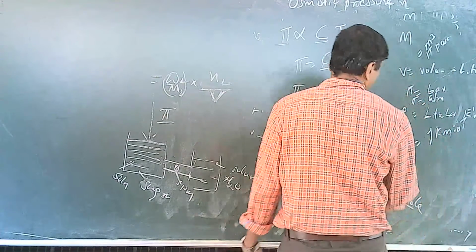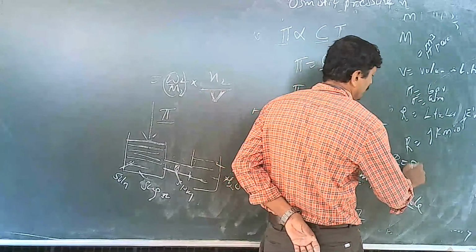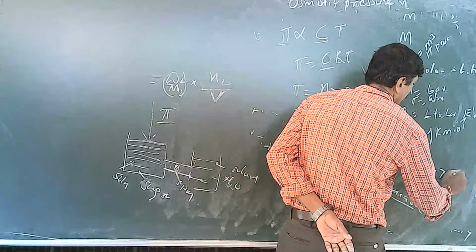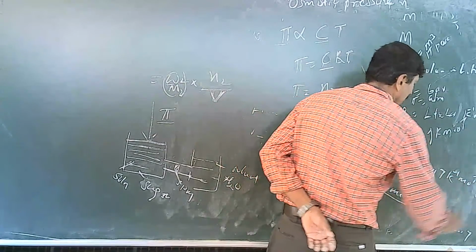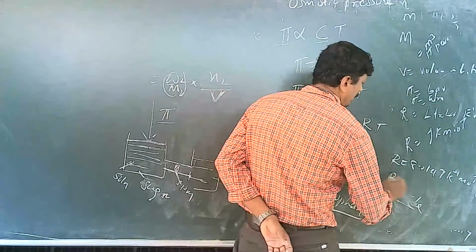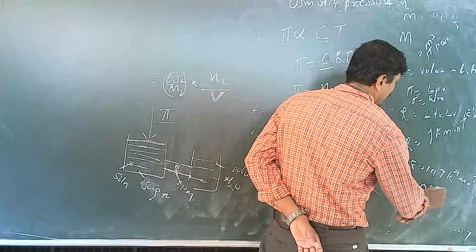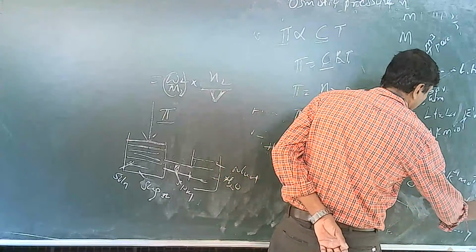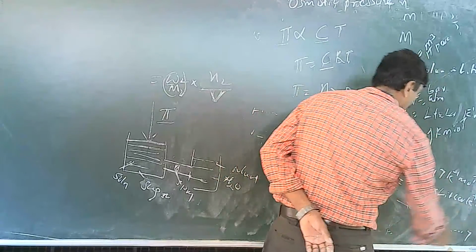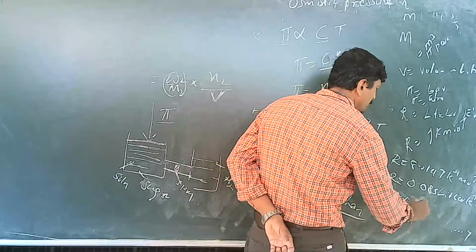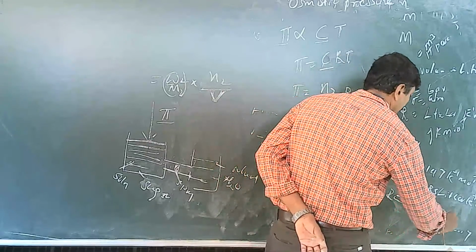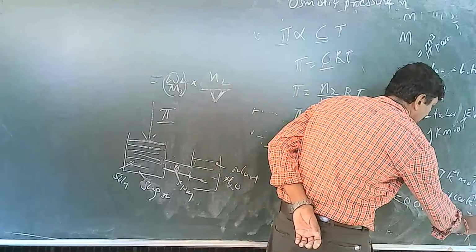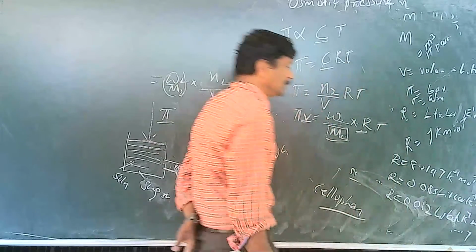We have studied the value of R. R is equal to 8.314 joule per Kelvin per mole, or R is equal to 0.083 liter bar per Kelvin per mole, or R is equal to 0.082 liter atmosphere per Kelvin per mole.